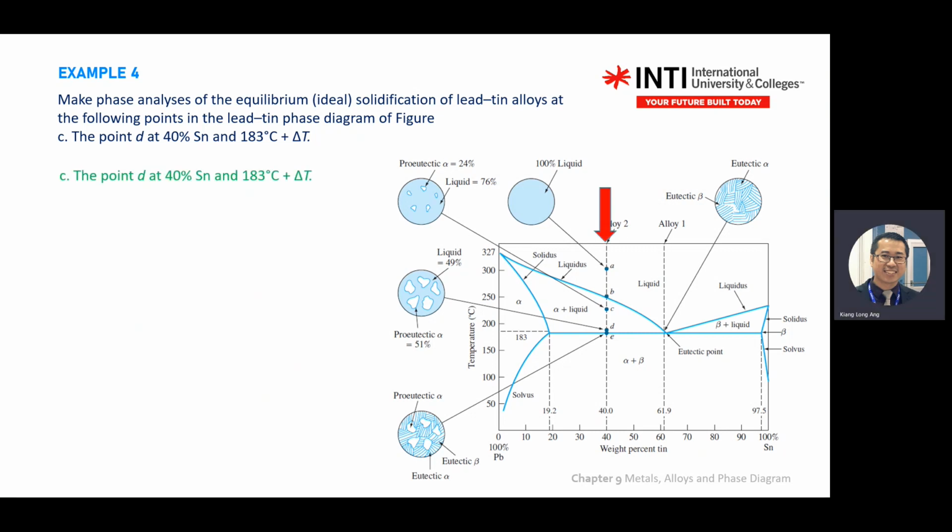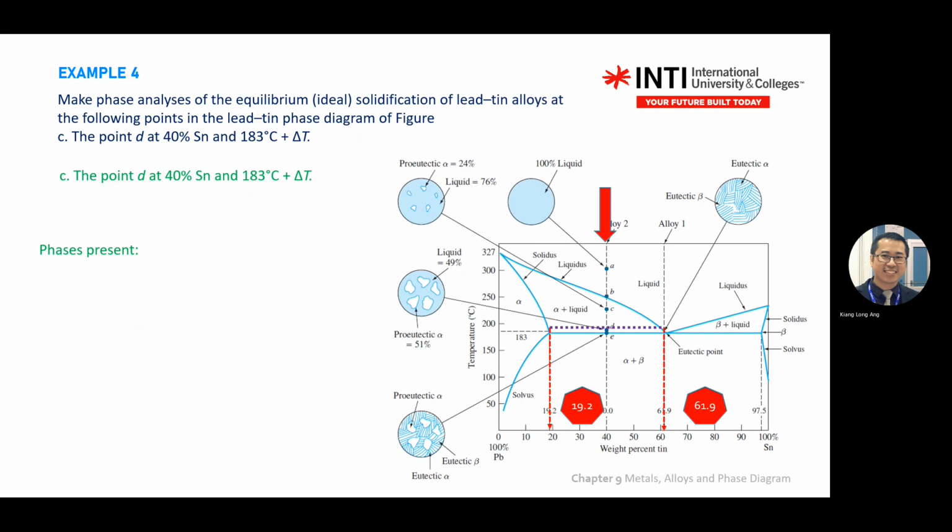Okay, D, you have liquid, but you don't go over. Okay. So you have 69.1%, 61.9%, and 19.2%. So your procedure will start with the phases present. Look at the left-hand side of the line. You have alpha and liquid.